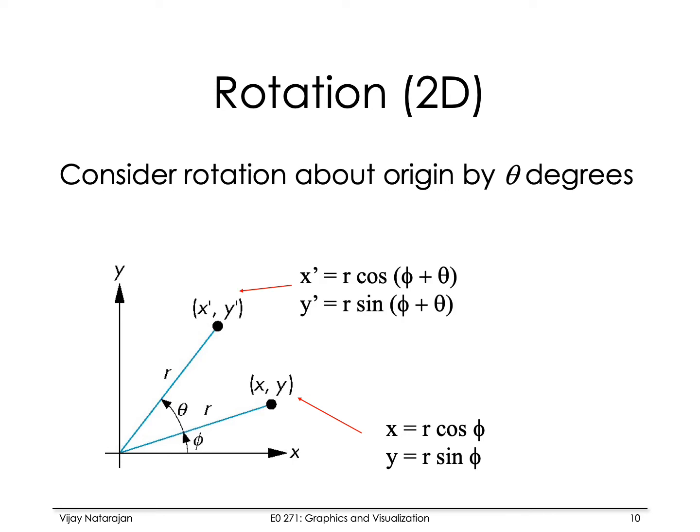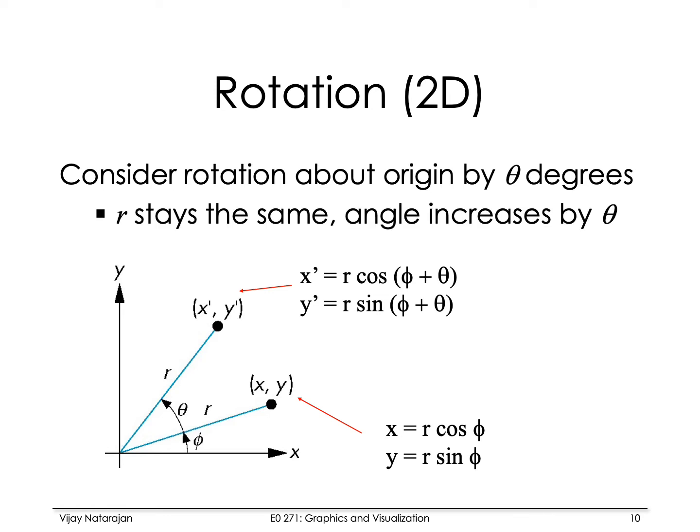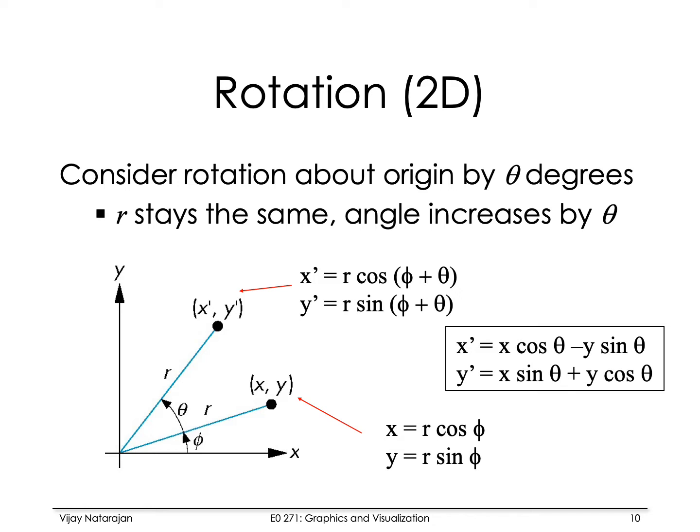x prime, y prime can also be written similarly with respect to the angle that they subtend, which is theta plus phi. So we can expand this out. Note that the r remains the same. If we expand the expression, we can rewrite x prime, y prime in terms of x and y.